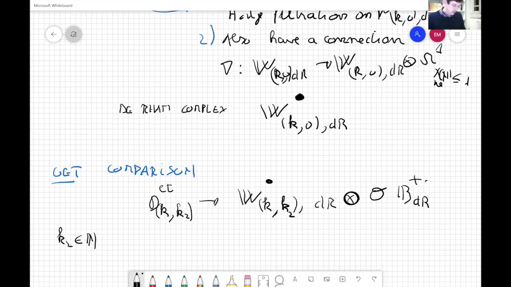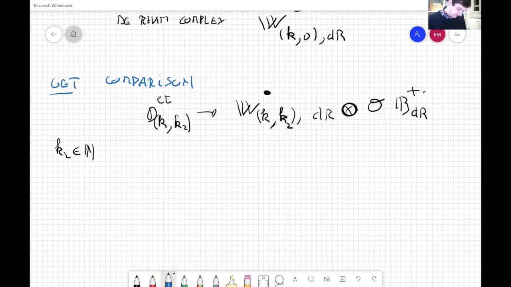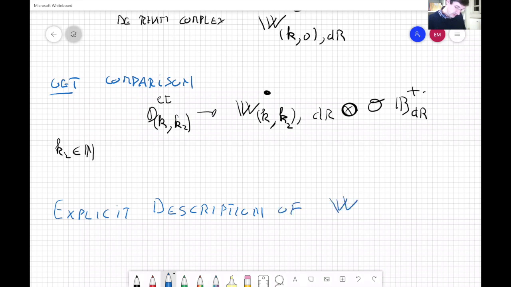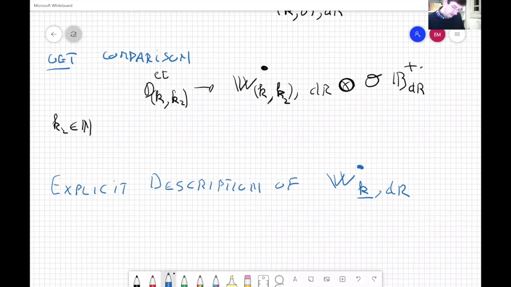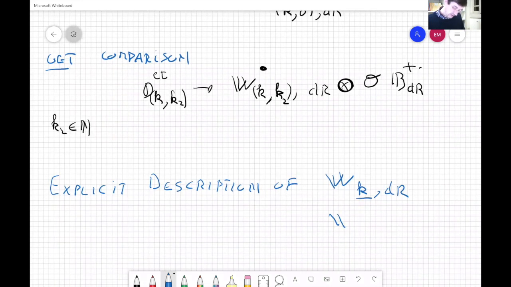So what I want to do is actually give an explicit description of these spaces. First of all, W_K de Rham, and also, actually, simply one for the moment.